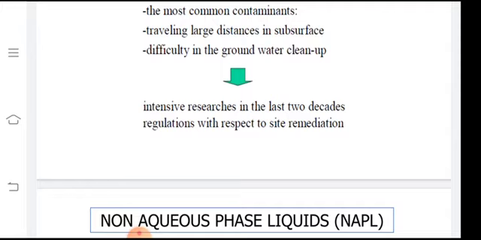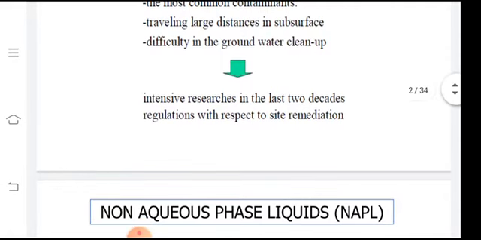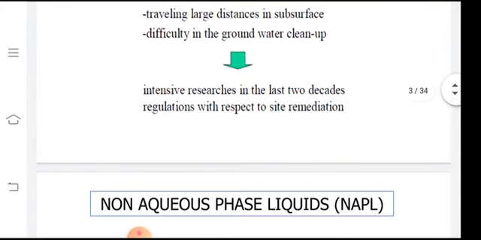They will remain inert, and that's why they travel larger distances in the subsurface. Also, it is not easy to distinguish and separate them from groundwater aquifers, so it is difficult to apply any kind of remedial technique to the groundwaters.